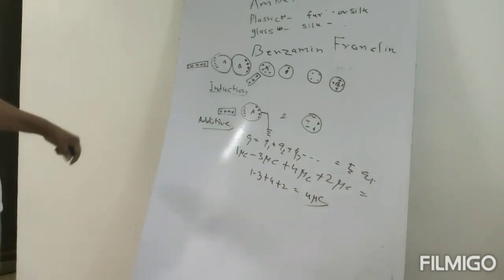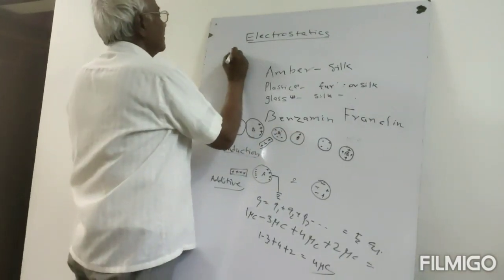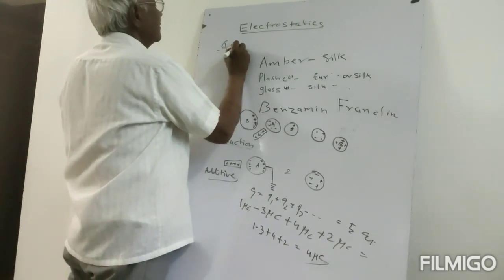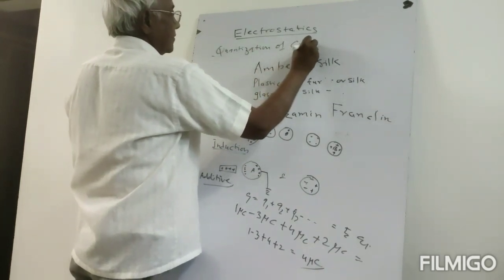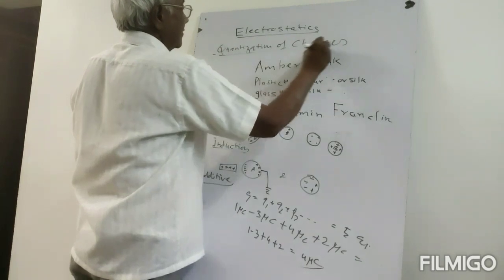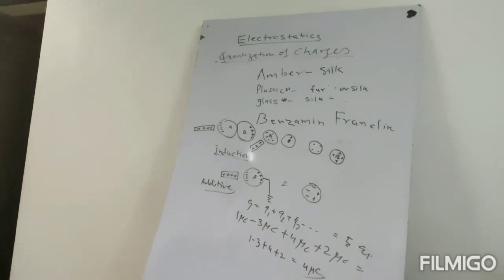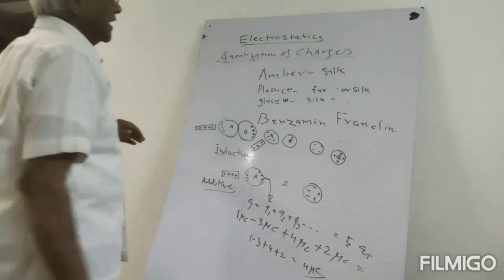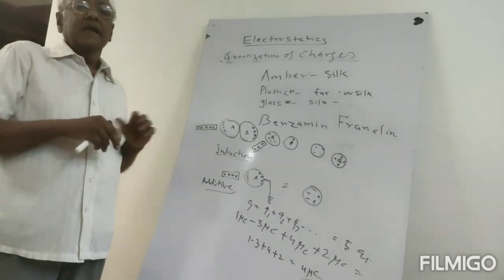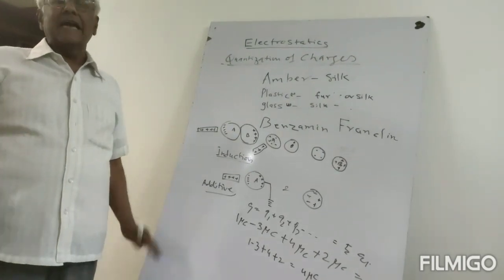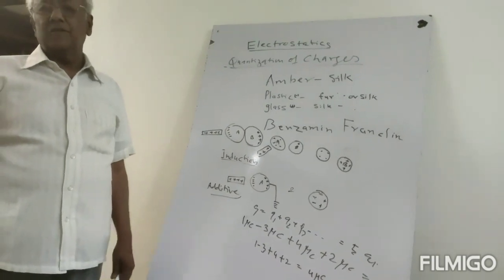The second property of charge is quantization of charge. Quantization of charge means the charge on any body is an integral multiple of the charge of a basic unit, and that basic unit is the charge of the electron.